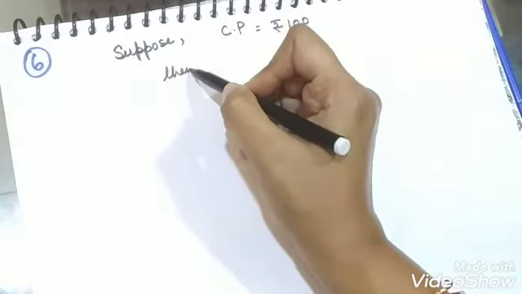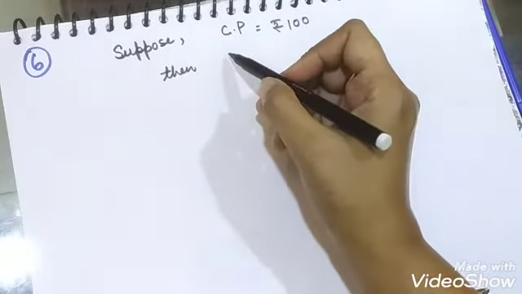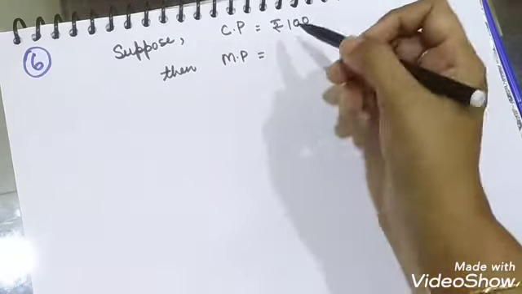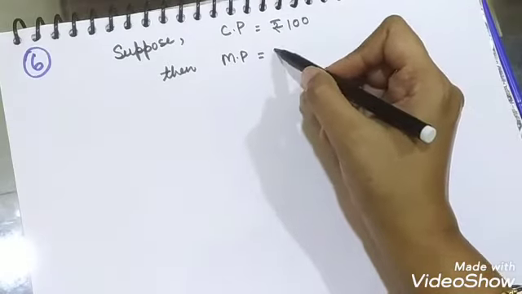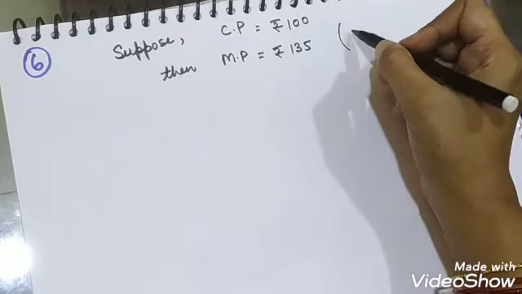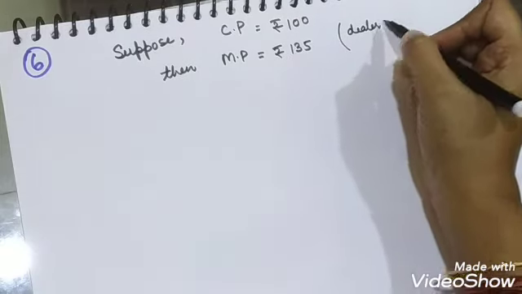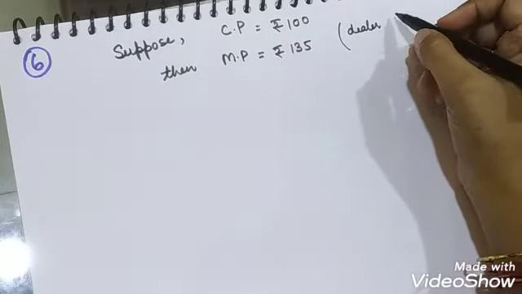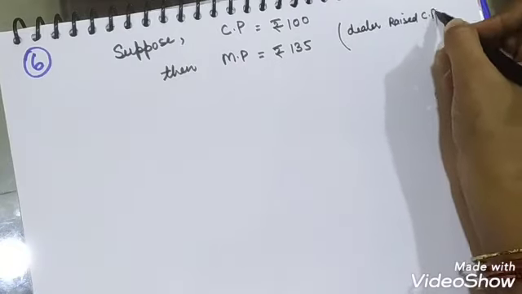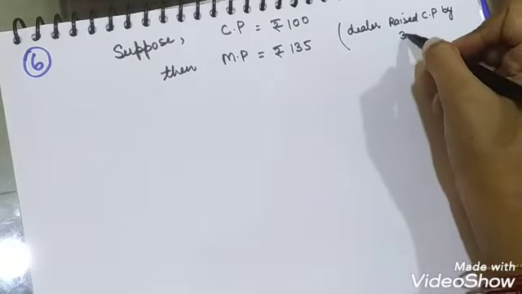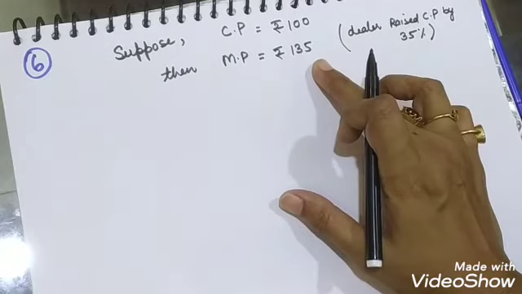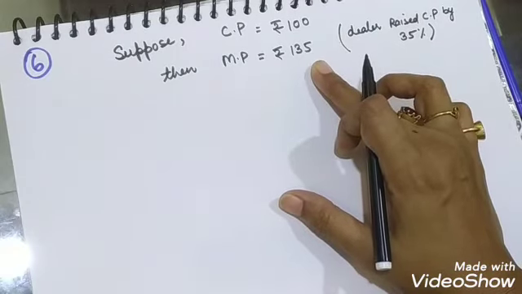Then what does the dealer do? He raised the cost price by 35%. Then the marked price will be rupees 135. Within brackets you can write: the dealer raised the cost price by 35%, so if cost price is 100, then he raised it to 135.